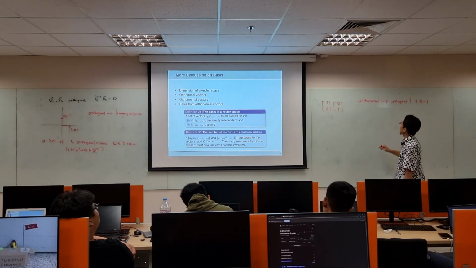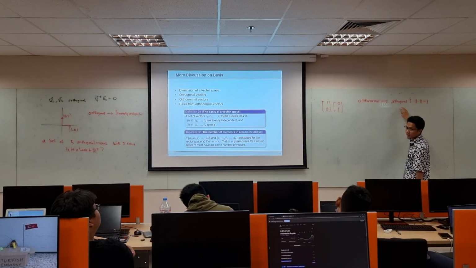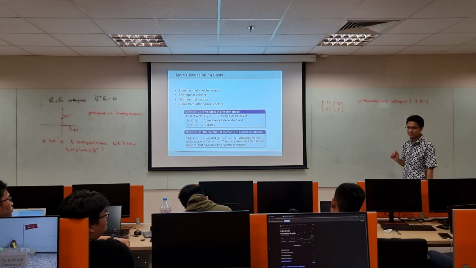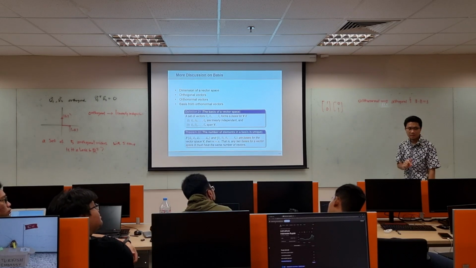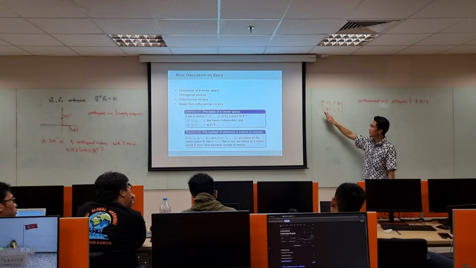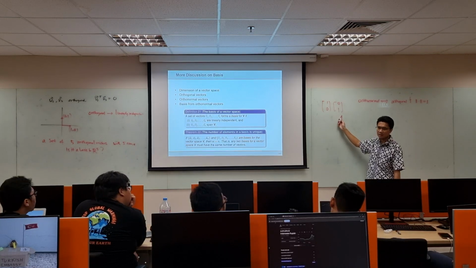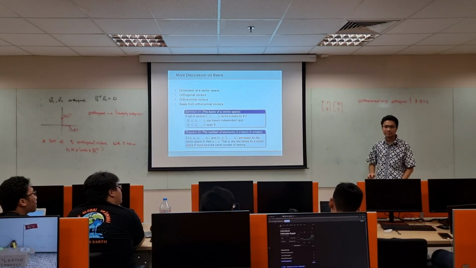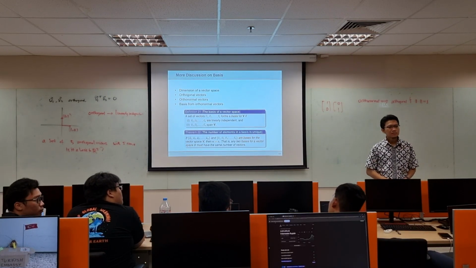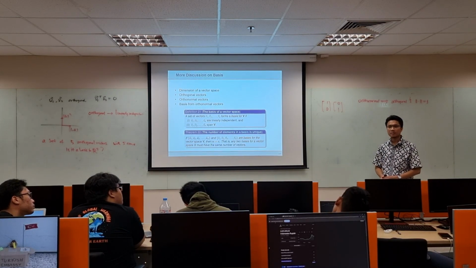So for an orthonormal set of vectors, they have to satisfy these two requirements: first, orthogonal, and then the length is 1. This is the example. The length of this vector is 1, the length of this one is also 1, and they are orthogonal. So these are orthonormal vectors. The identity matrix has orthonormal vectors.